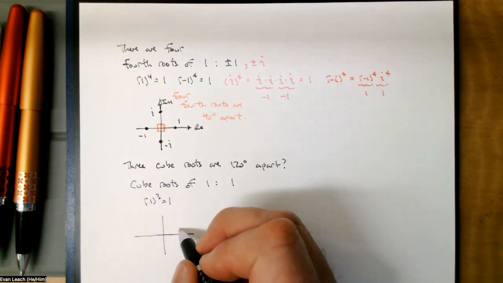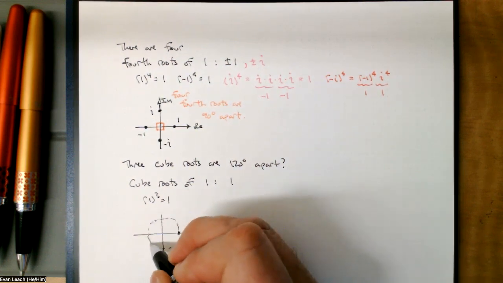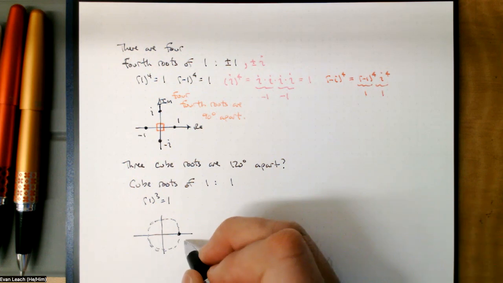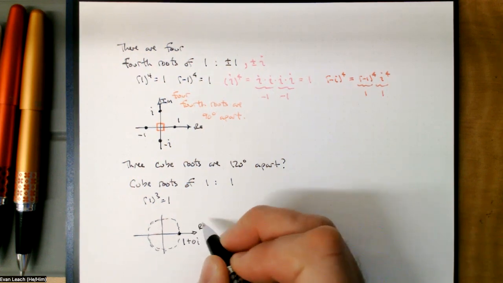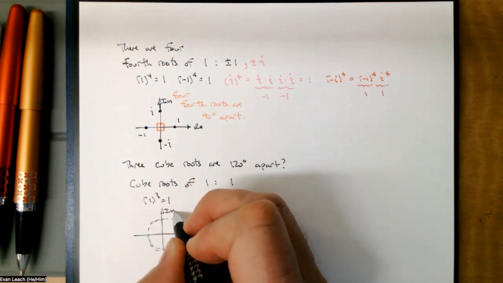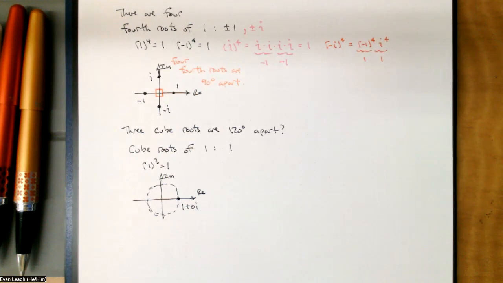Think about the unit circle, and find 2 other complex numbers that are 120 degrees apart.